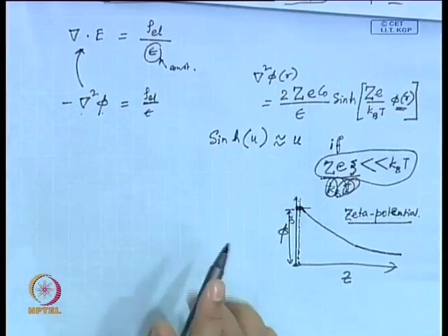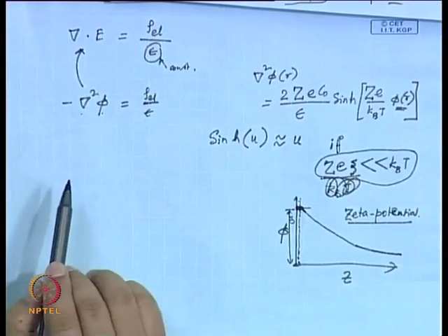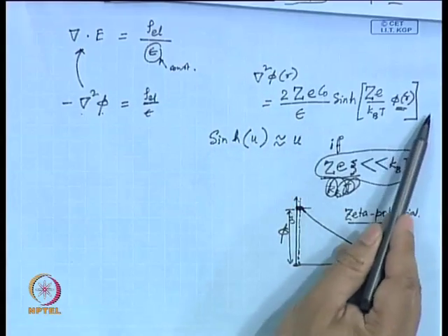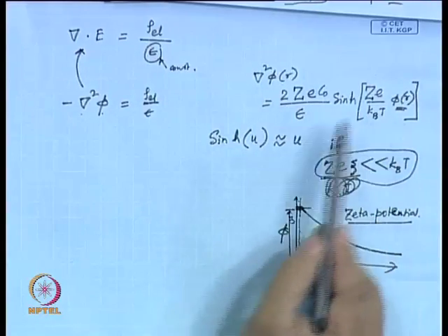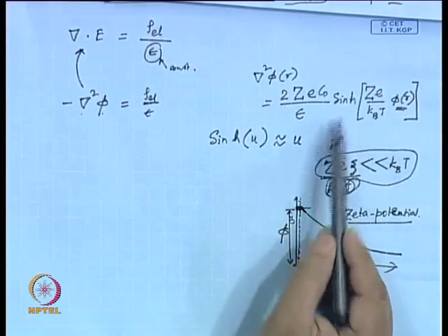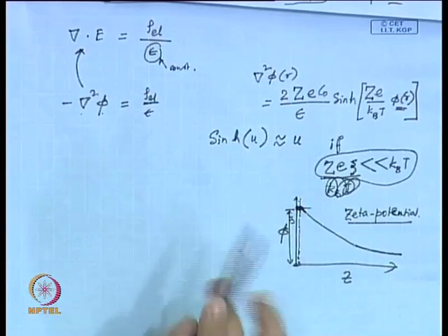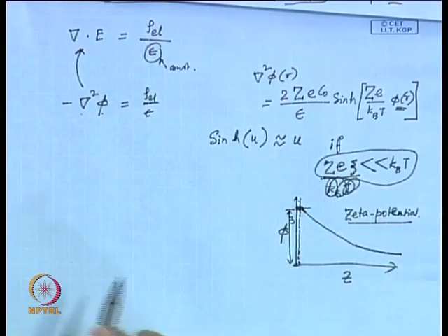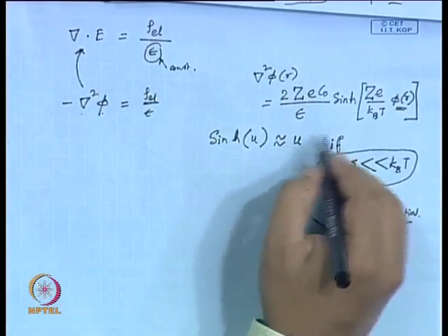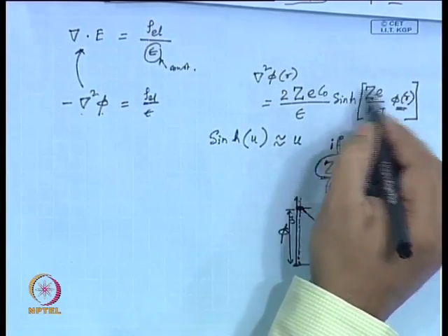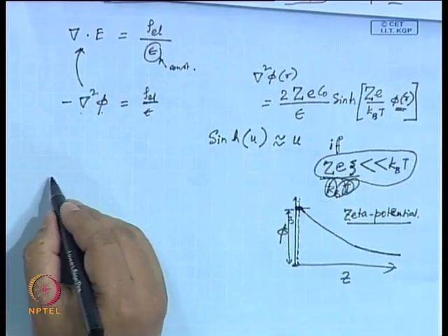So for that, now we have del square phi equal to rho EL by epsilon, and del square phi can be written with proper expression in the next step, and then sinh u can be approximated as u if this quantity is small. That is what we take. So sinh u would be replaced by u. What do you get in that case?